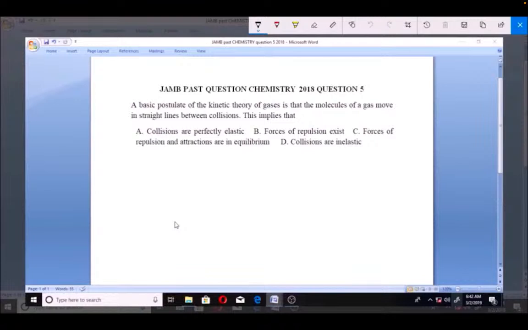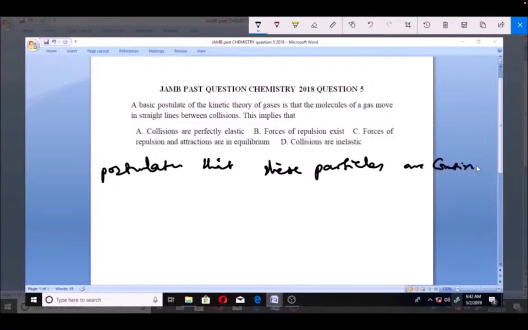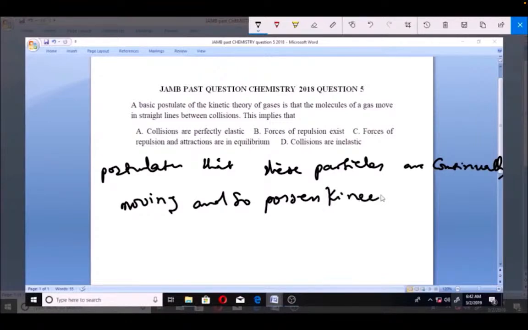Now, for us to understand this and be able to answer it, we need to know about the kinetic theory of gases or matter. The kinetic theory postulates that the particles of the gases are continually moving, and therefore they possess kinetic energy.